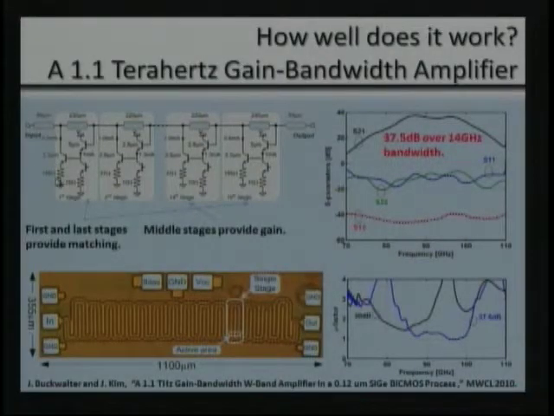The reason is that it is really stable against PVT because of the amount of negative feedback that I can introduce in each amplifier cell. The transistor itself has a gain of maybe 2 dB at this frequency, but I can use that negative feedback to reduce its gain down to about 1/4. All that negative feedback in the end will help me compensate against PVT.